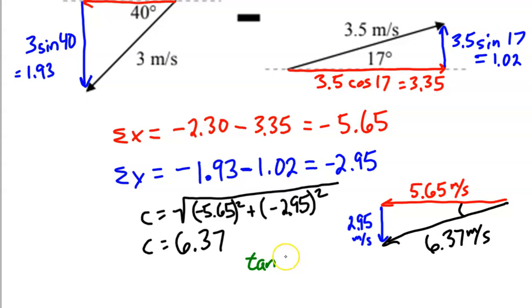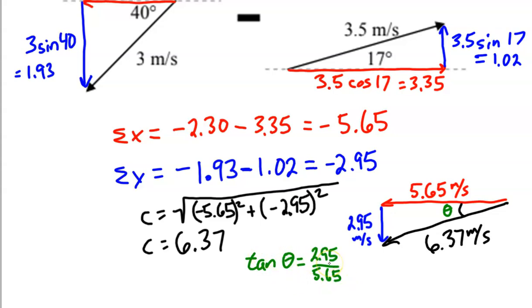Tangent of the unknown angle, I'm just going to call it theta. So tangent of theta is going to be opposite over adjacent, which would be 2.95 over 5.65.